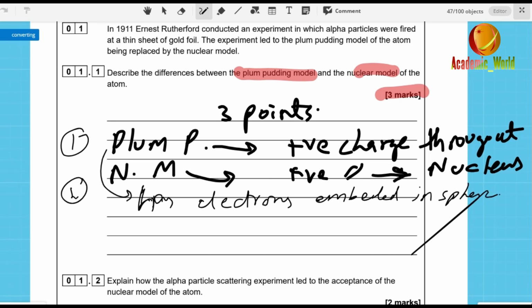Okay, while the nuclear model has the electrons orbiting the nucleus.